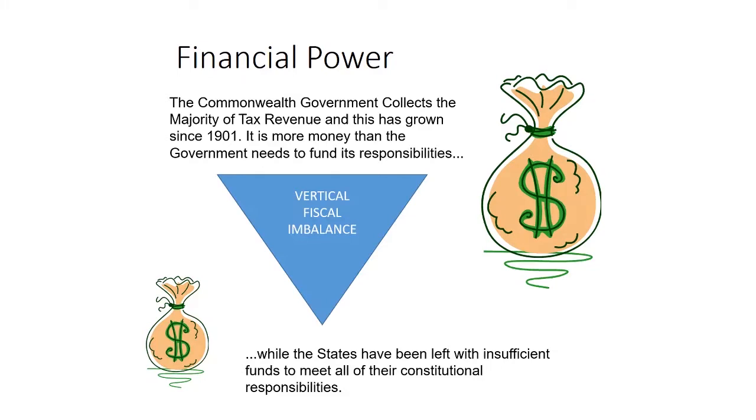Essentially there's an imbalance because the federal government has more money than it needs, and the states have less money than they need. And how do we define how much you need? Well, it's based on what you're responsible for, what you have to pay for. For example, the states have to look after health and hospitals, and health and hospitals are really, really expensive, and it's your job to pay for them.